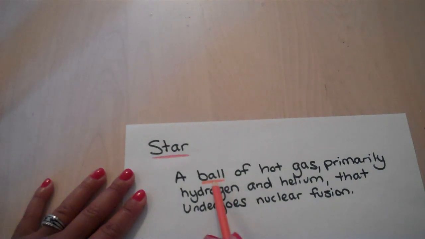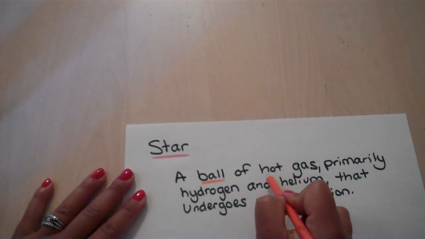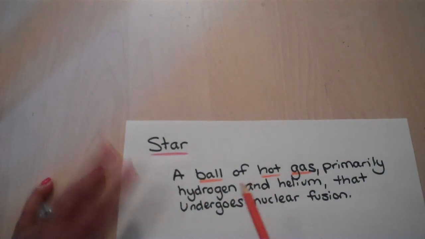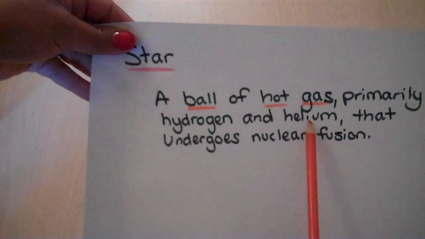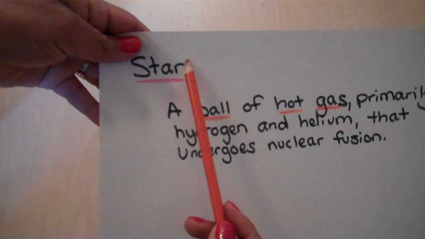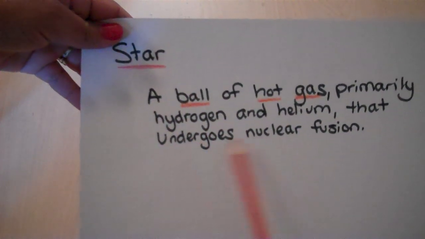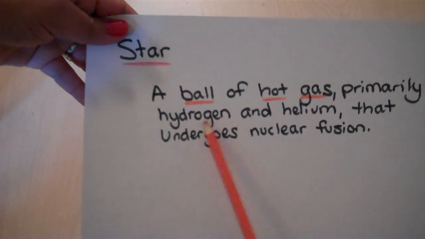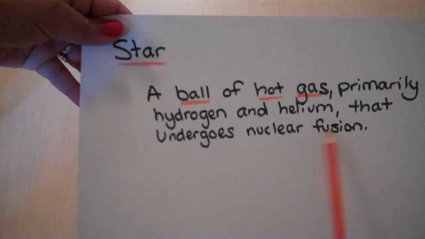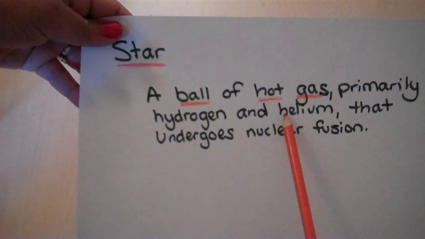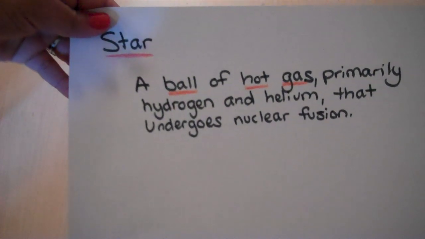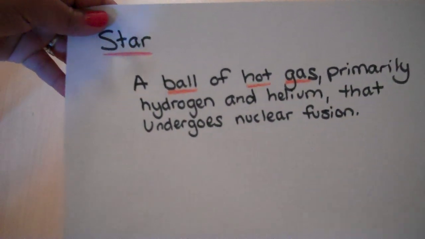The shape of it, it's a ball, hot gas, and we'll talk about the elements that it's made up of when we talk about stars, and we have a whole unit on it, and how two hydrogens fuse together and create a new element, helium. So it's using that up, and that's how it's fueling itself.